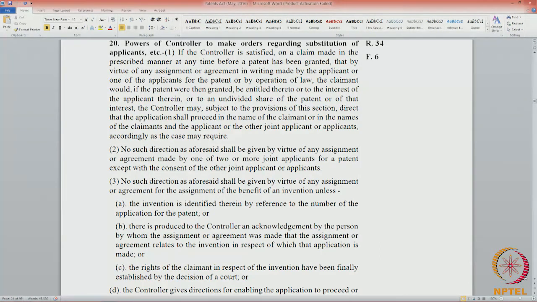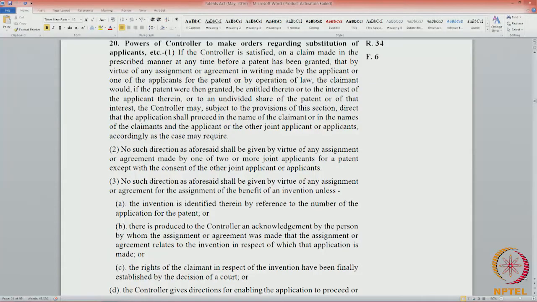So, I hope you understand the scheme. There is a claimant, the claimant gets an interest in the application based on three things, there is an agreement between the existing applicants, or there is an assignment, or by operation of law he gets an interest. And what kind of interest is that? He is entitled to the application or to an interest in it, which is not the full right, but a part of it, or he is entitled to an undivided share or an interest in that undivided share.